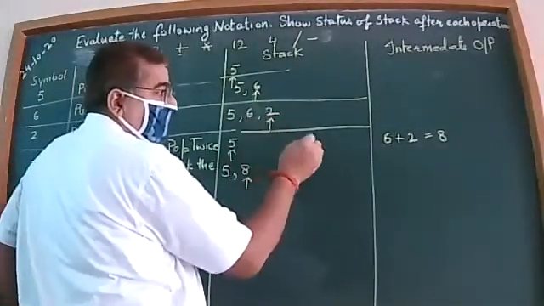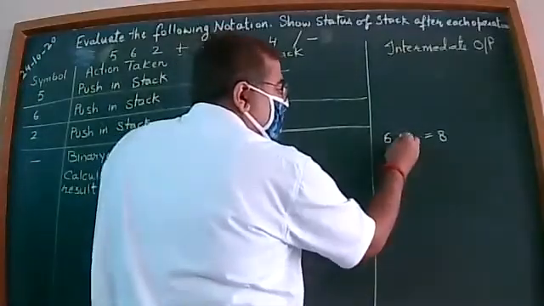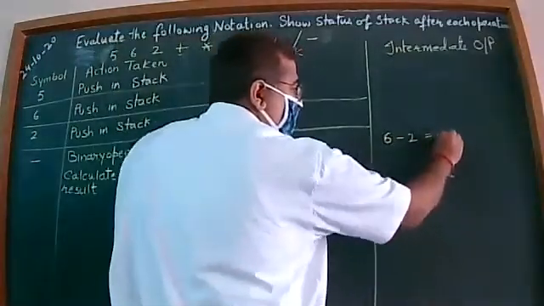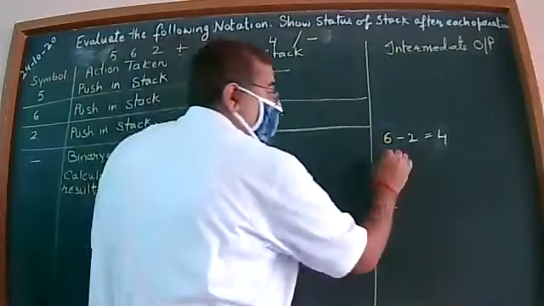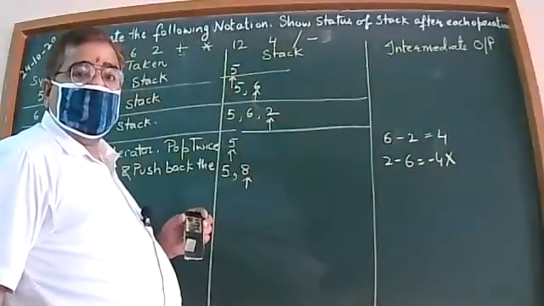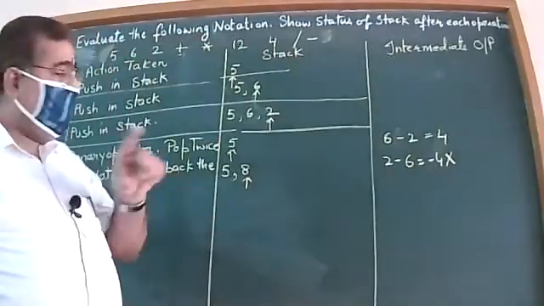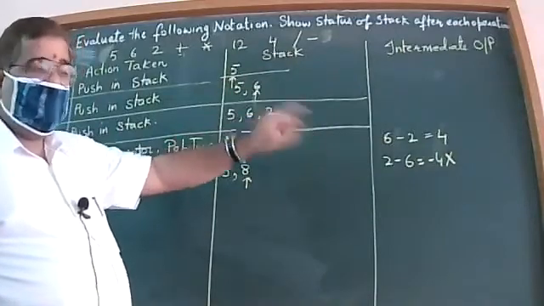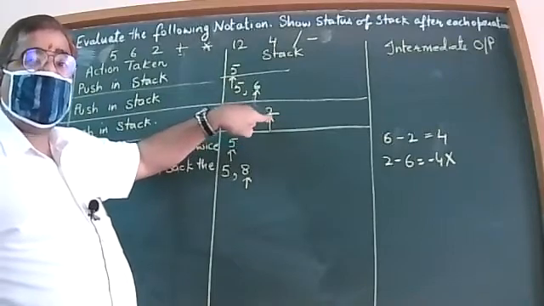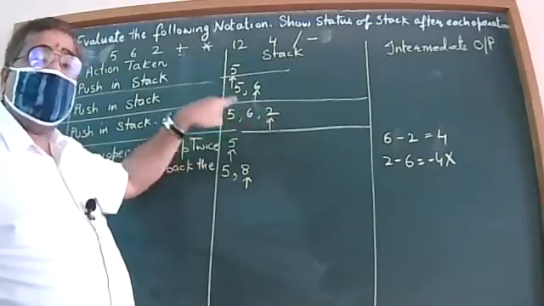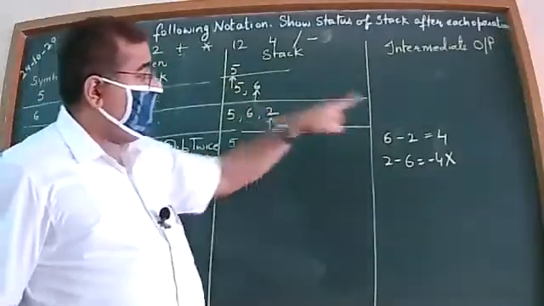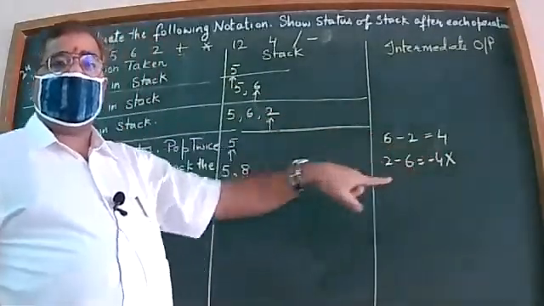Now, what you are to do here, it will be 6 minus 2, that is 4. You will not write 2 minus 6. This is wrong. I repeat my point again. While popping the numbers, check the number which is lying before the top. Write that number first, then the top element, and then perform the operation.